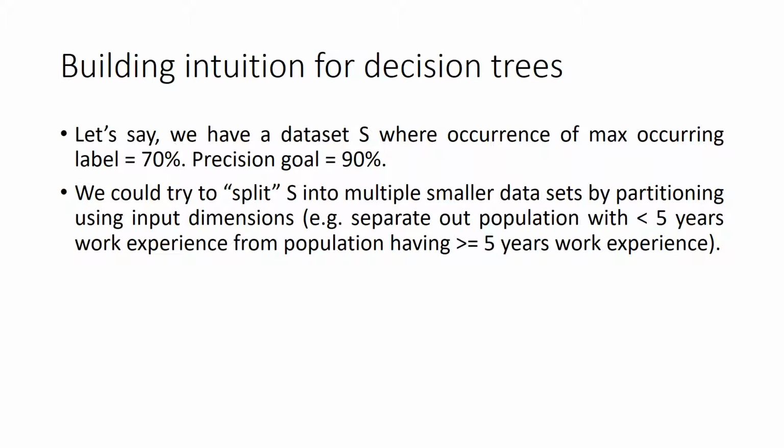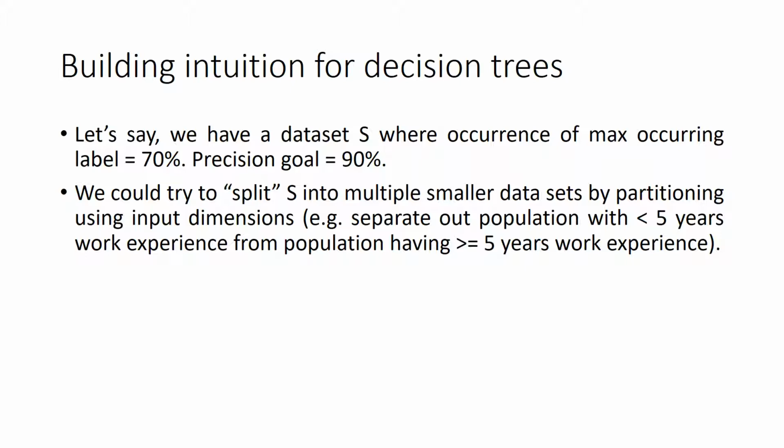Now, when I look at the partitioned data sets S1 and S2, the occurrence of the max occurring label in each of those data sets would change. It would no longer be 70%, because we do hope that work experience contributes towards the credit worthiness of a person.